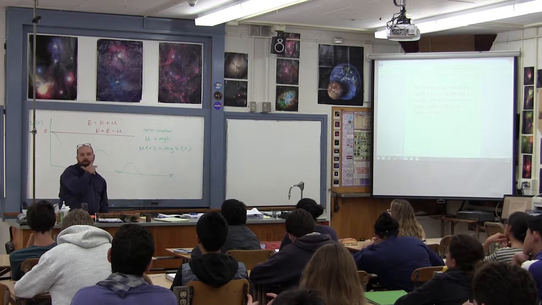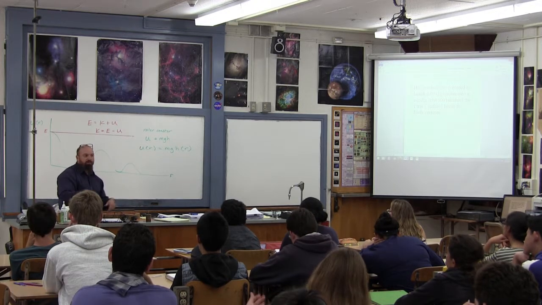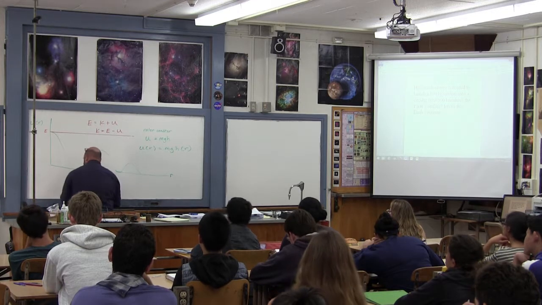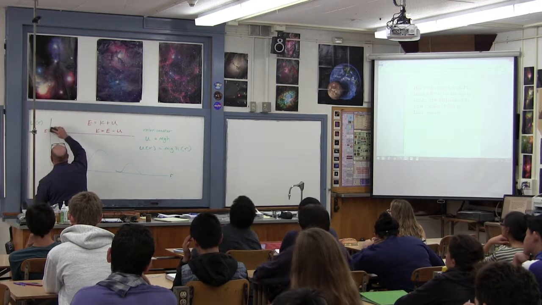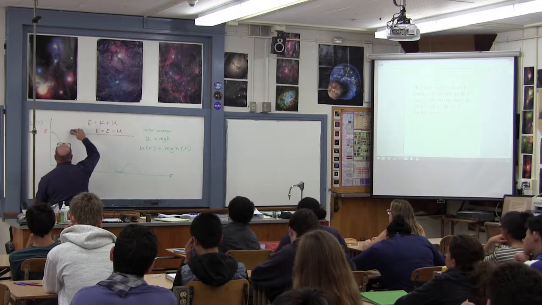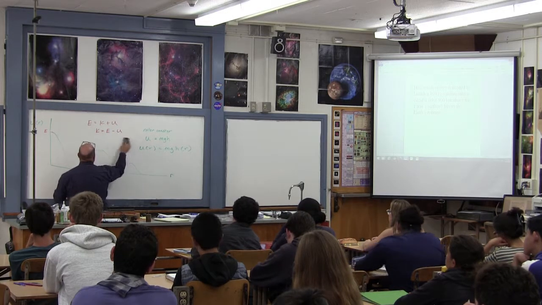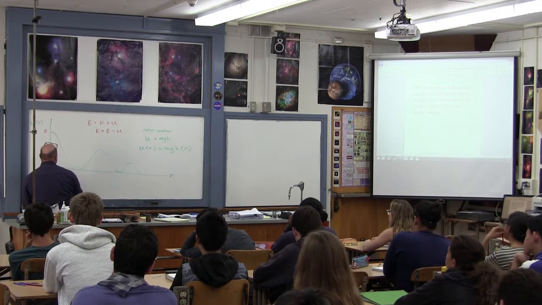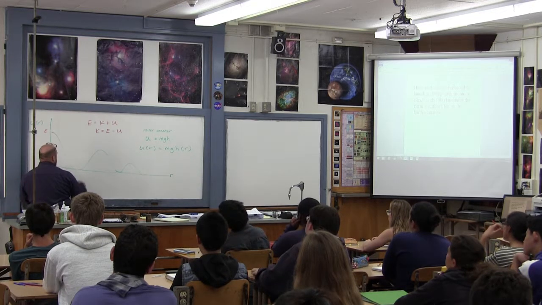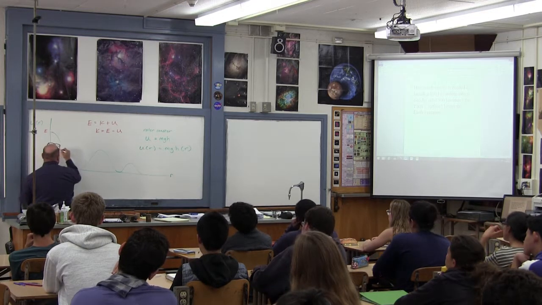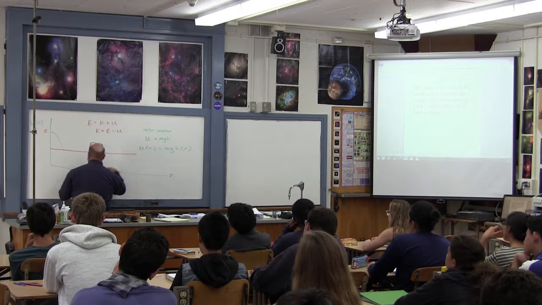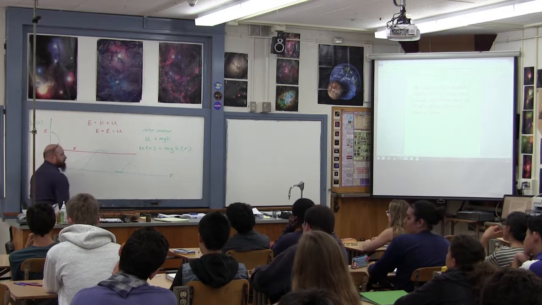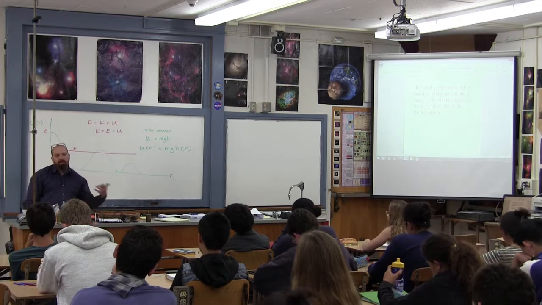But now let me take the total energy E and change its value. Now, let me say that I give the coaster cart a total energy E that instead looks like this. So, let's say that I give it less energy.